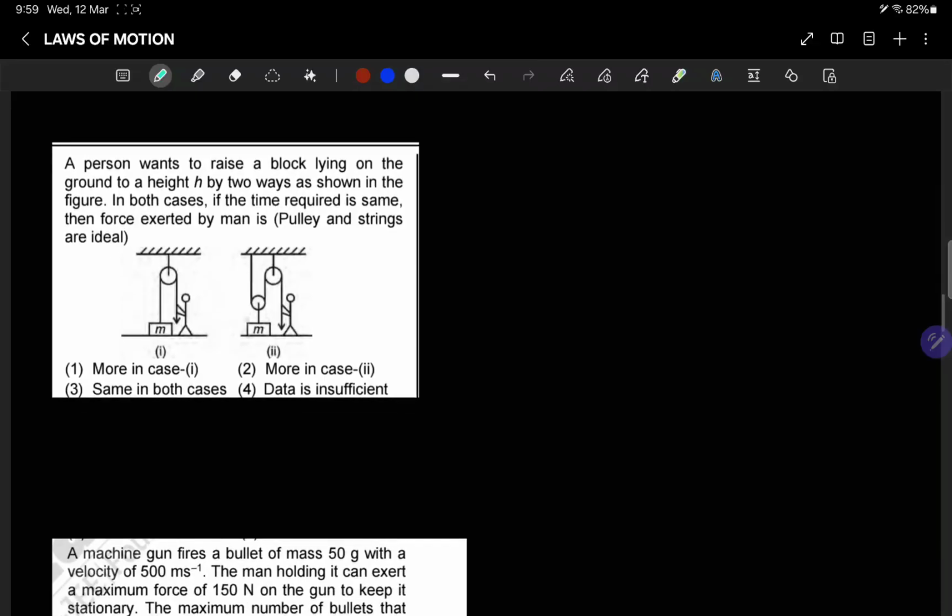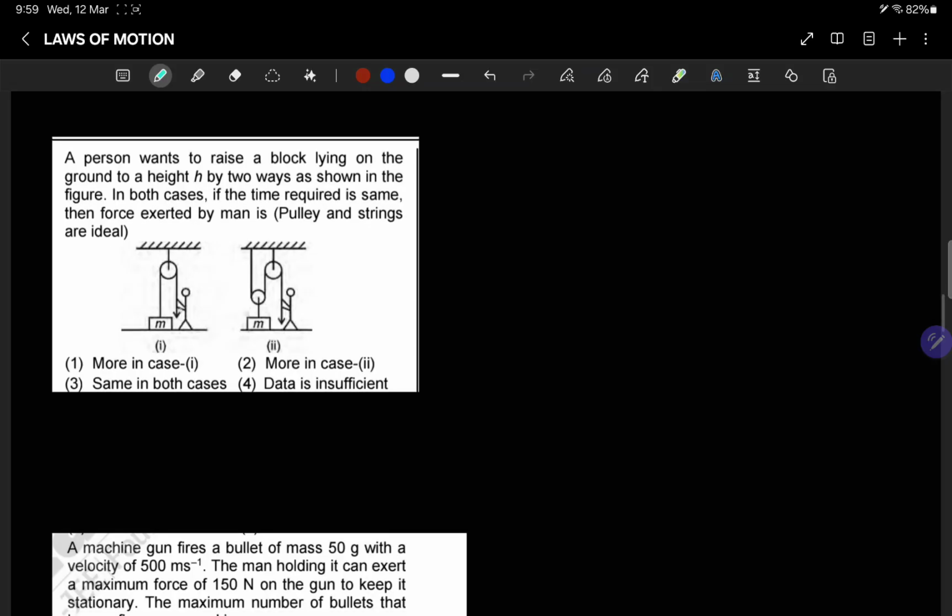Next one. A person wants to raise a block lying on the ground to height h in two ways. Very important, students, please concentrate. First case: tension force T, weight mg. What is the acceleration?